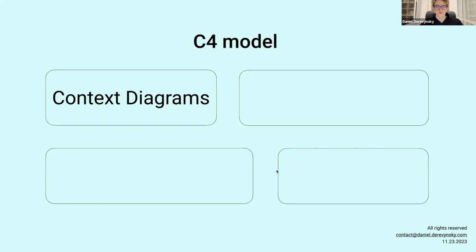The first one is context diagrams. Context diagrams are meant to be the most abstract diagrams possible, and we will see an example of them shortly. Basically, they're meant to describe things in the easiest way, like the example that I just gave you with Twitter. It would be a context diagram.